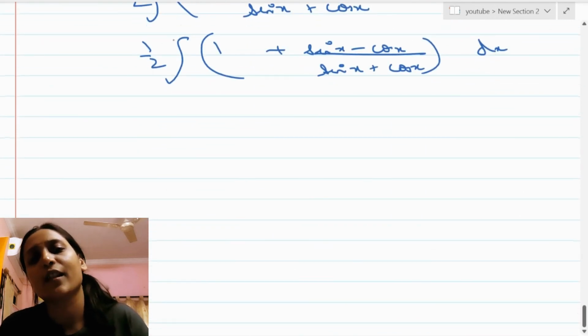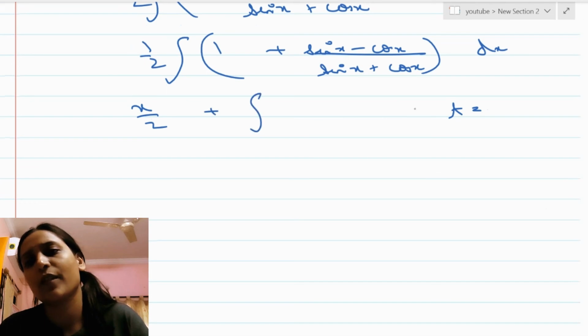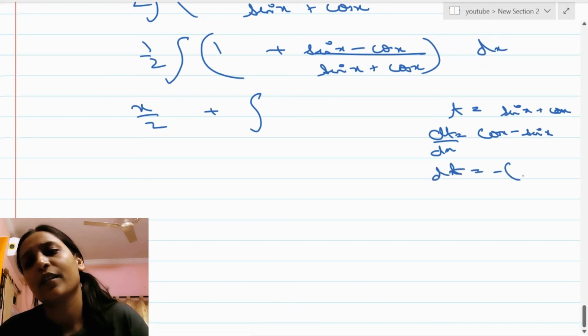So this half is nothing but integral of half would be x by 2, and this would be just plus integration of, t could be sin x plus cos x. So then dt by dx would be cos x minus sin x. So over here, dt is equal to cos x minus sin x dx.